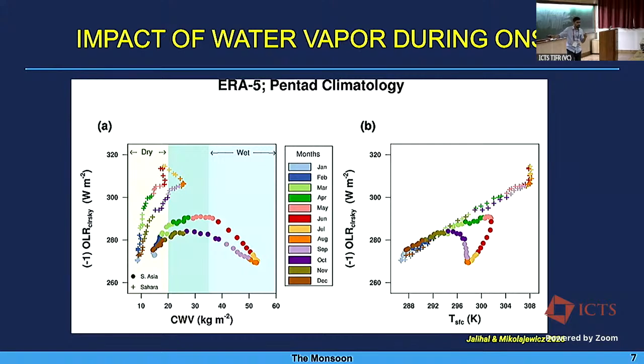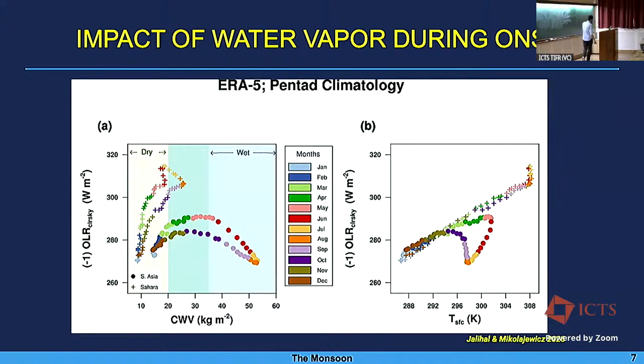There is some hysteresis type thing here, but largely it is linear, negatively related. So there is something that happens here beyond this threshold. So this is the transition of OLR clear sky from dependence on surface temperature to being dependent on column integrated water vapor.